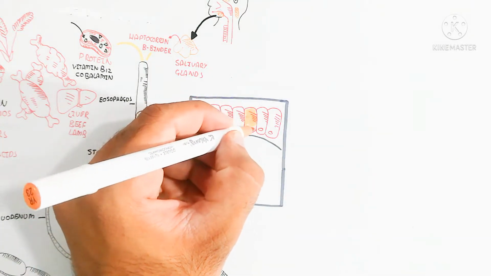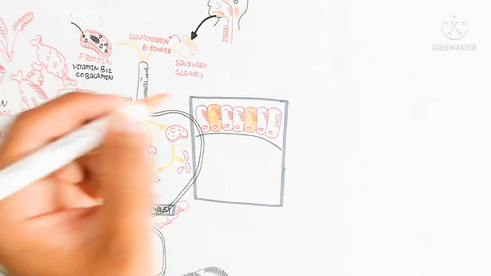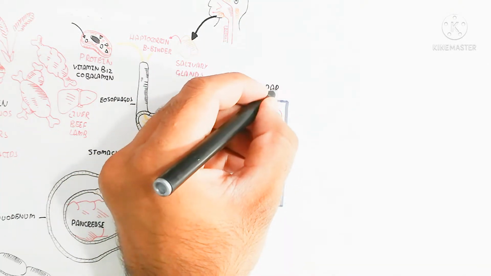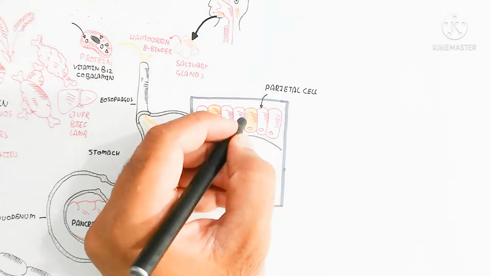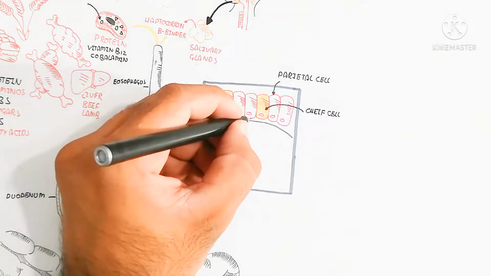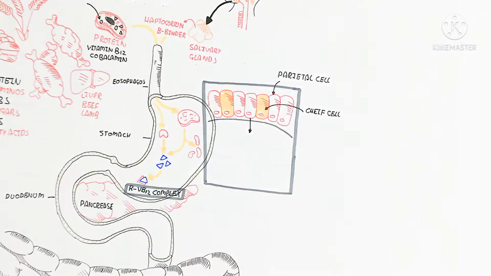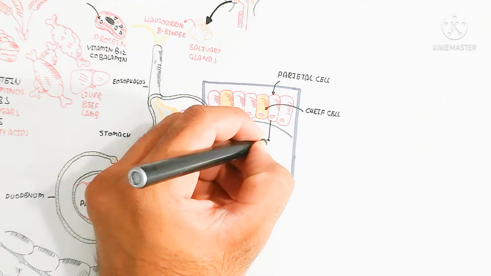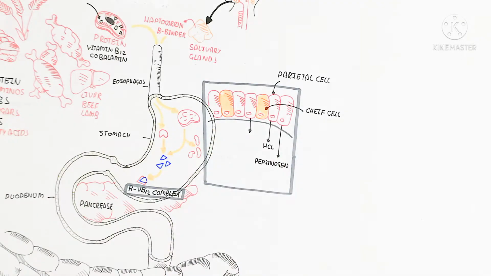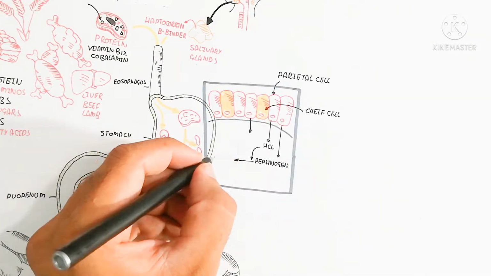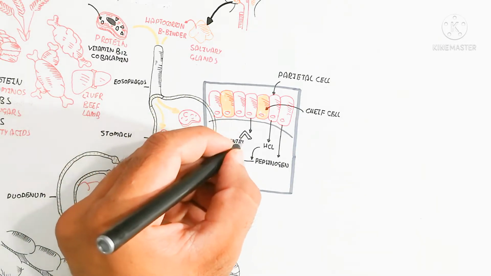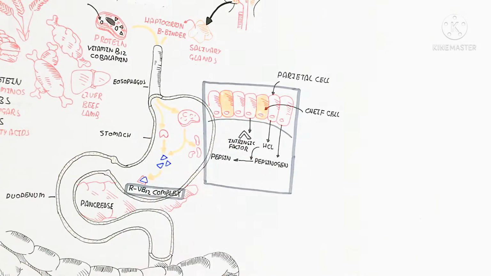Here is the stomach wall, which contains parietal cells and chief cells, as well as enteroendocrine cells, but we are not covering those here. We will just understand the parietal cell, which produces the hydrochloric acid and, importantly, the intrinsic factor.